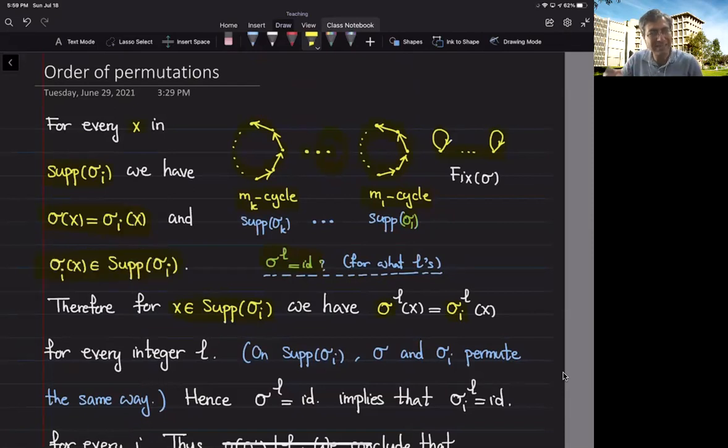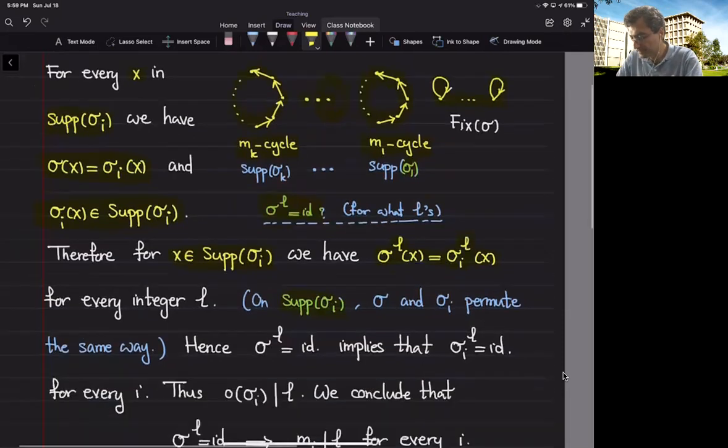So I can do it again and again and again. At the end, I get that for every integer L, the way that sigma to the L is applied to x is the same as the way that sigma sub i raised to power L is applied to x. This is true for every integer L and every point in the support of sigma sub i.